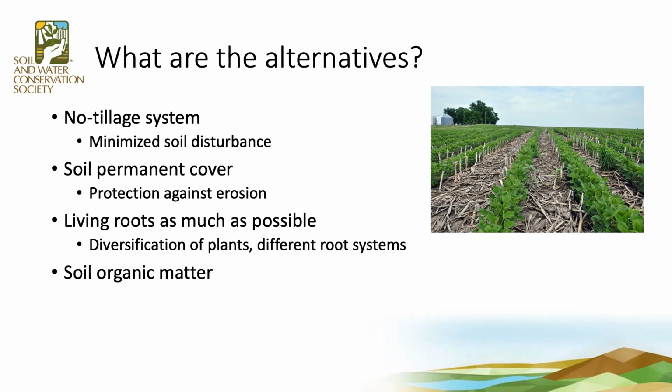And having living roots as much as possible in our soil, diversification of the plants and different root systems, some of them really deep, some of them a little bit shallower. So we have this diversification of root systems, which will increase soil porosity and some physical, biological, and chemical characteristics of the soil in question. And also, the most important factor is to increase and protect soil organic matter.